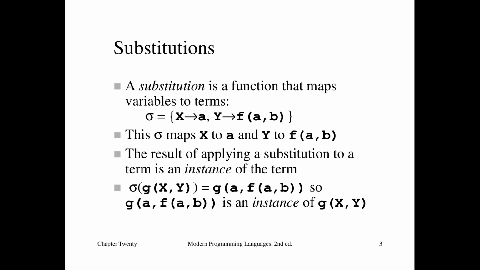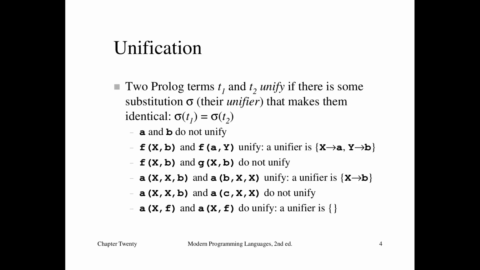Given that, unification is where we take two Prolog terms, T1 and T2, and we say that they unify if there is some substitution, sigma, that makes them identical, such that sigma of T1 equals sigma of T2.